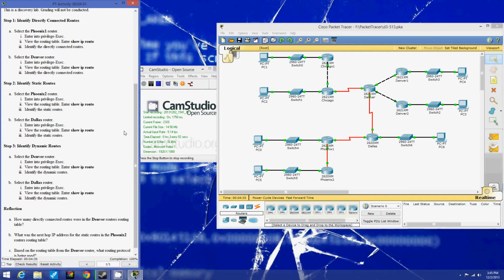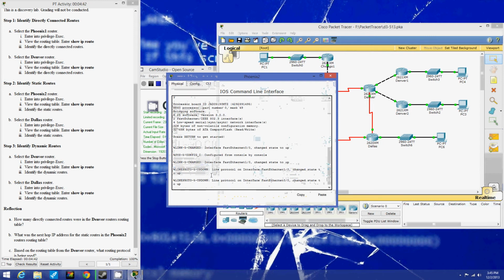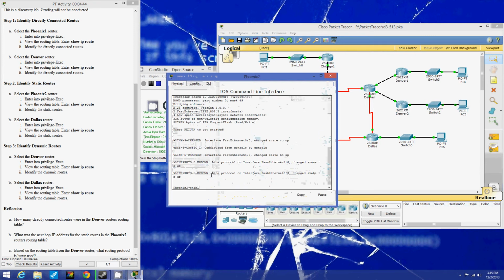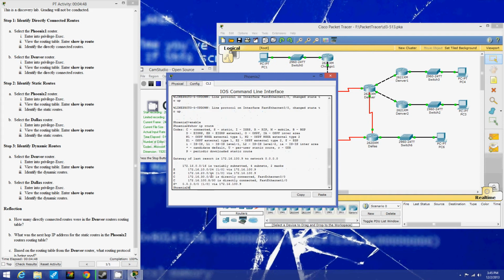Alright, now we're going to identify some static routes. Select Phoenix router 2, go into CLI, enable, show IP route. Okay, now we're going to be looking for the S for static. Now these two right here are static.